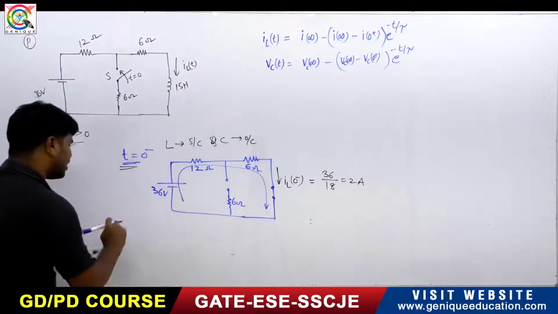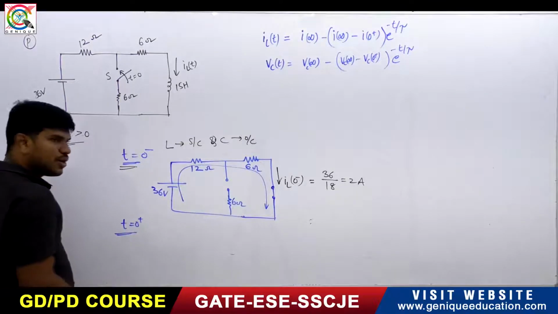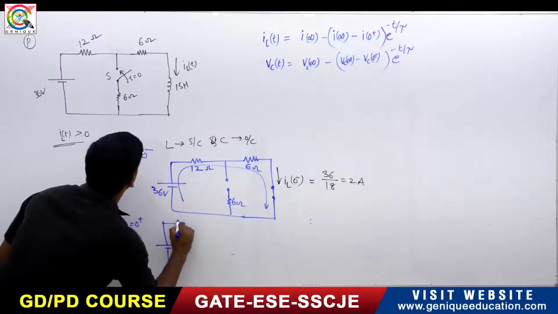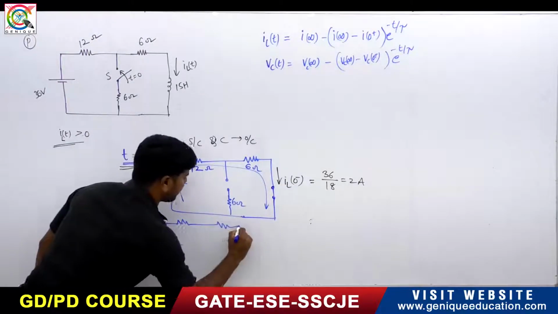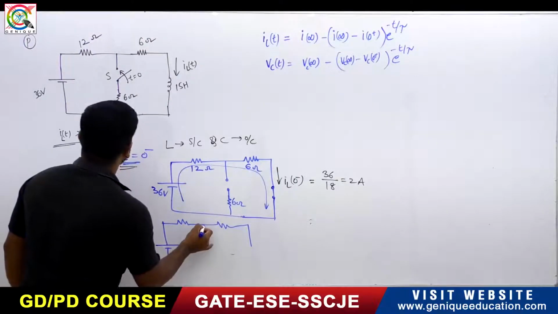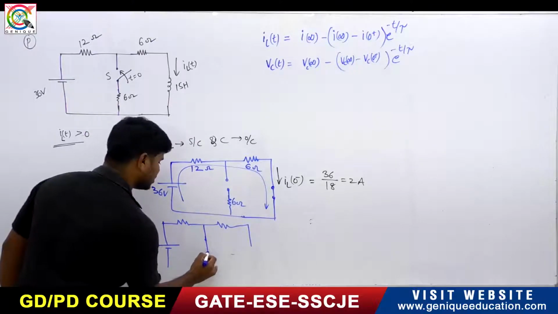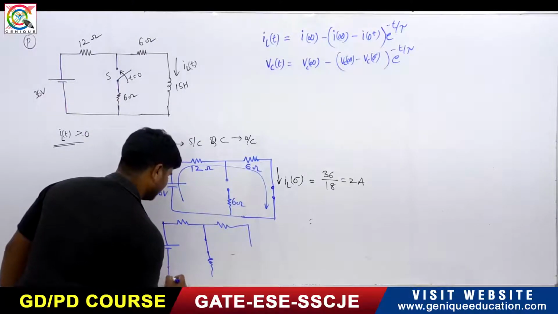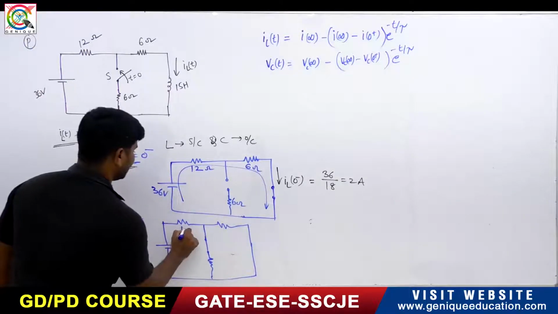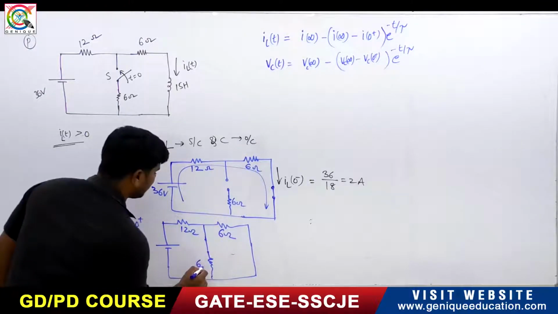Okay, so at t equals 0 plus, what will be the circuit? The circuit will be like this. At t equals 0 plus, I am writing this. See, the switch is closed, and here this is 12 ohms, it is 6 ohm, it is 6 ohm.